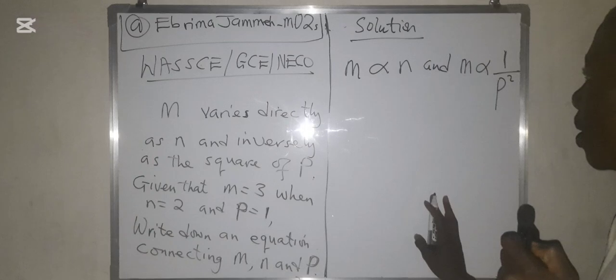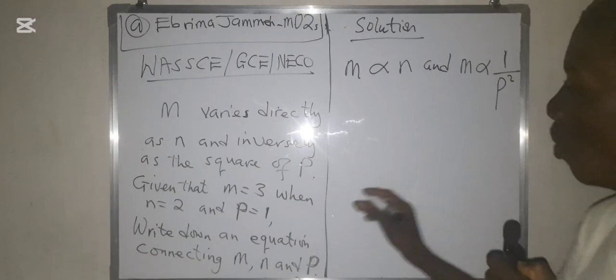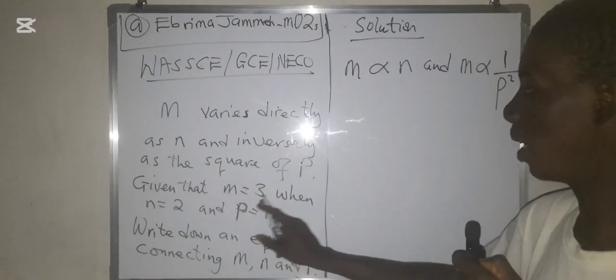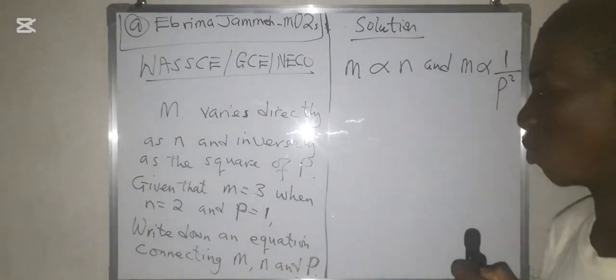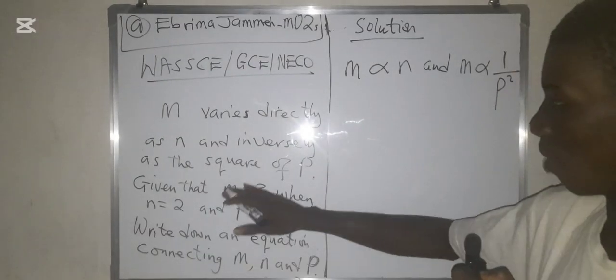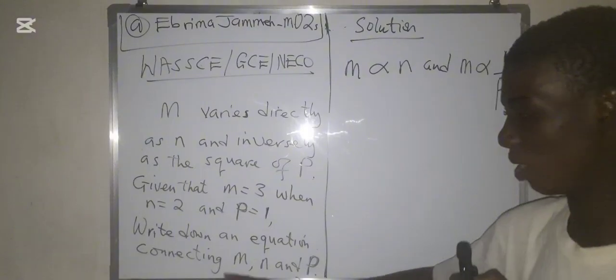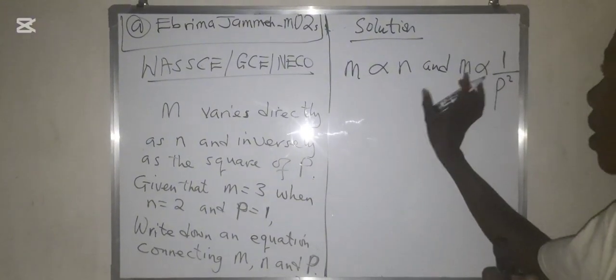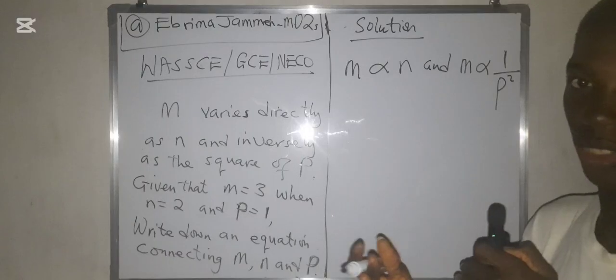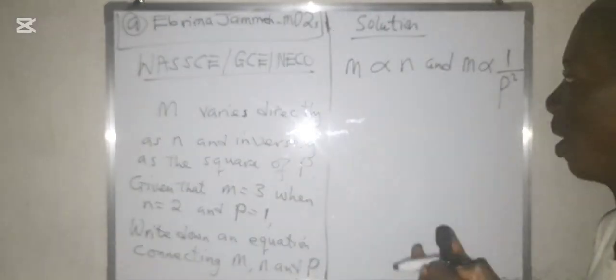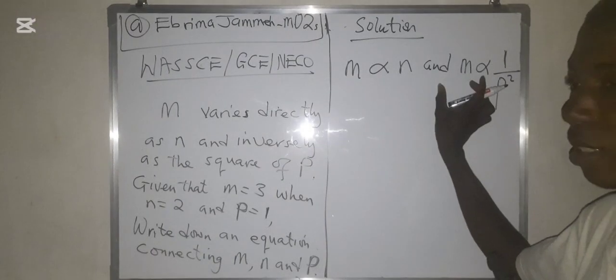Now, they say given that M equals 3 when N is 2, P is 1. We are asked to write down an equation connecting. Now, let's forget about this. Let's try and join this. I separated them for easy understanding. Now we join this and this.